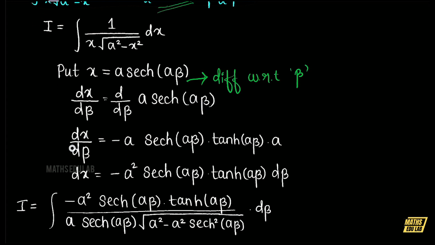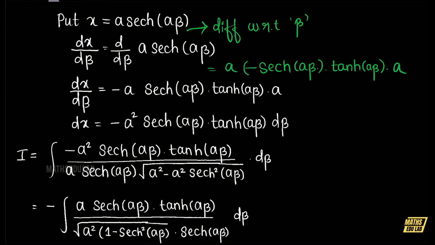Then dx upon d beta is equal to, so here a is a constant value and the derivative of sec hyperbolic beta is minus sec hyperbolic beta into tan hyperbolic beta. So I have written it as minus a sec hyperbolic beta into tan hyperbolic beta.